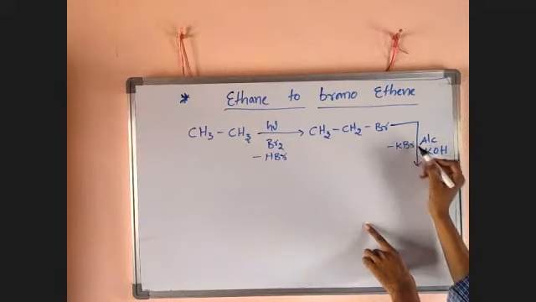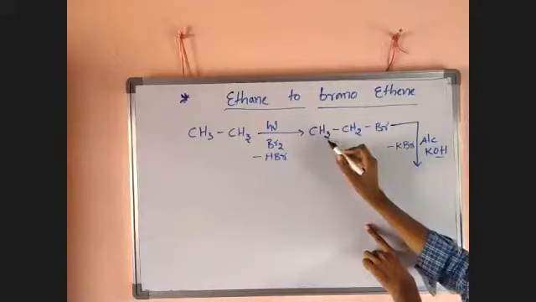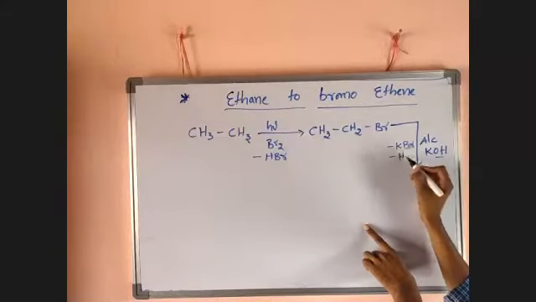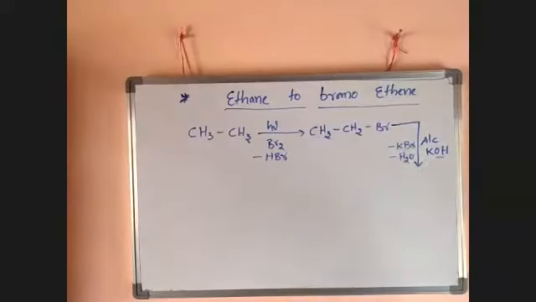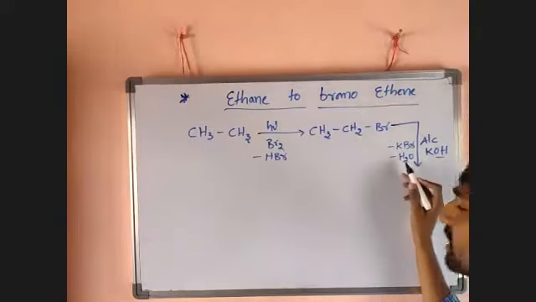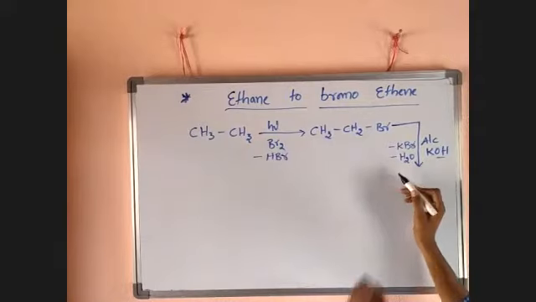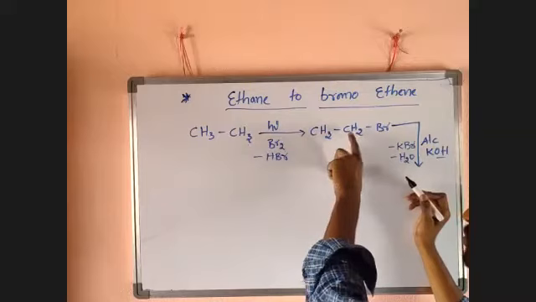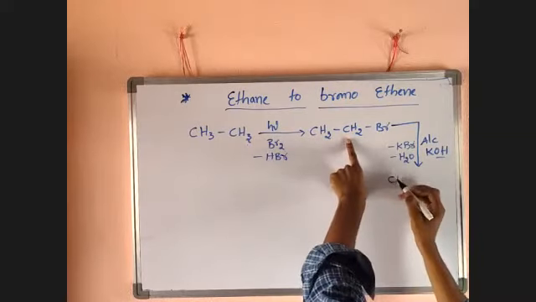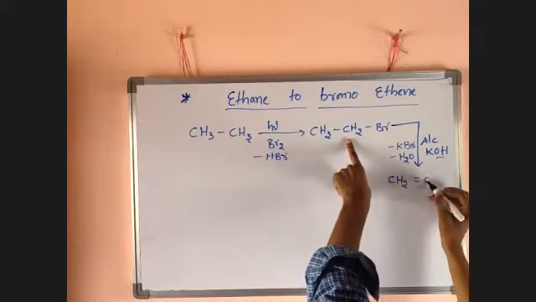Then OH is there now. This OH will get that H and be eliminated in the form of H2O. After elimination of Br and one H, you will get CH2–CH2, that is nothing but CH2=CH2.